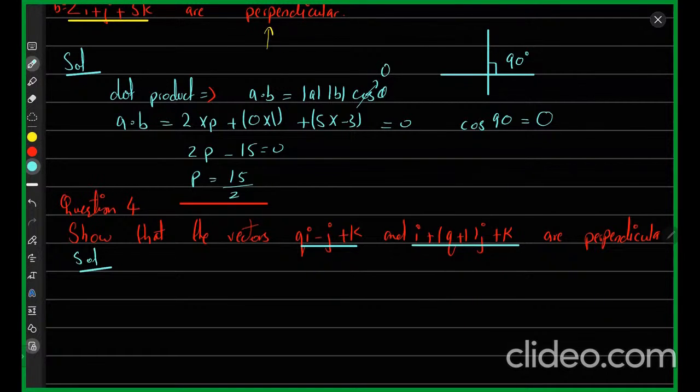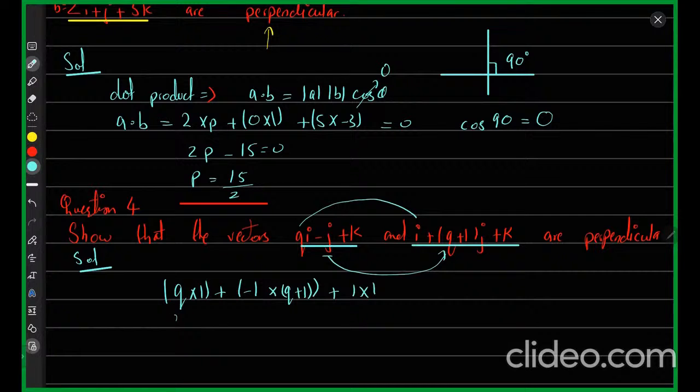I will take the dot product, and q multiplied by 1 would give me q, plus minus 1 multiplied by q plus 1. Now I am multiplying the second term with the second one, and then plus 1 multiplied by 1, and this is giving me q plus minus q minus 1 plus 1.